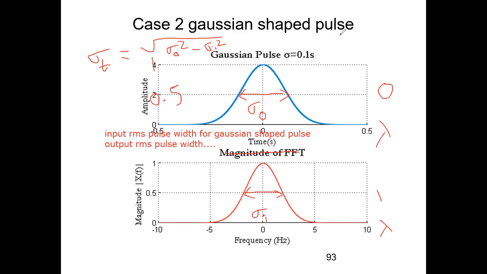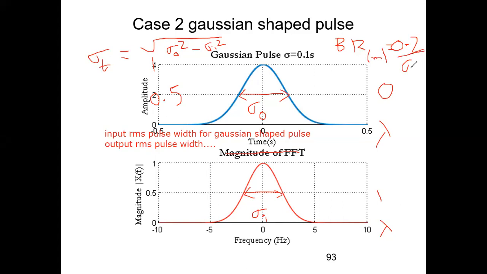Okay, and in this case the bit rate BR, this is the maximum bit rate only. So the bit rate max is given by, the formula is different, 0.2 upon sigma t.